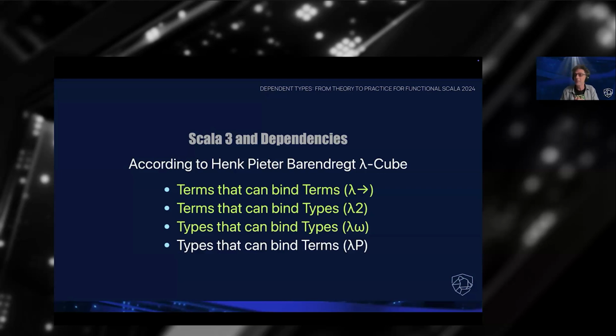And types that bind terms is a little bit more complex. Frankly speaking, we can say we have dependent function types, but we are going to see that we can have some variation. So we can say that we have this feature, but it could be a subset of all the capabilities we can address when types bind terms.